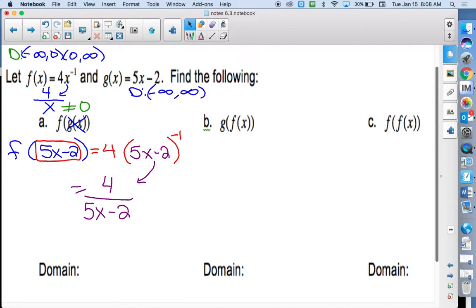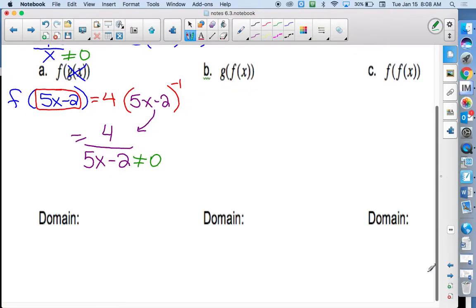So now we need to do the domain. To do the domain, we're going to really focus on that answer this time because there's a fraction in our answer. When there's a fraction, the denominator cannot be 0. So if you solve that little equation where it says 5x minus 2 cannot be 0, Melanie, what does that mean x cannot be?